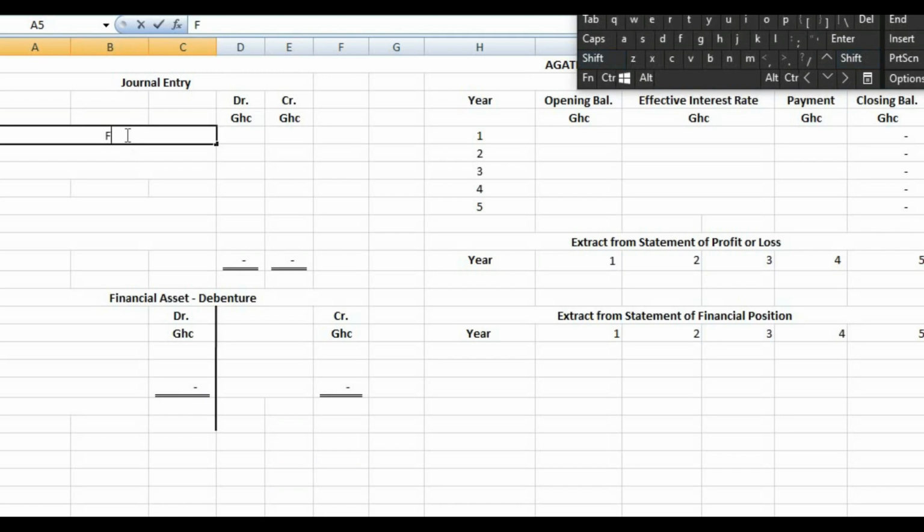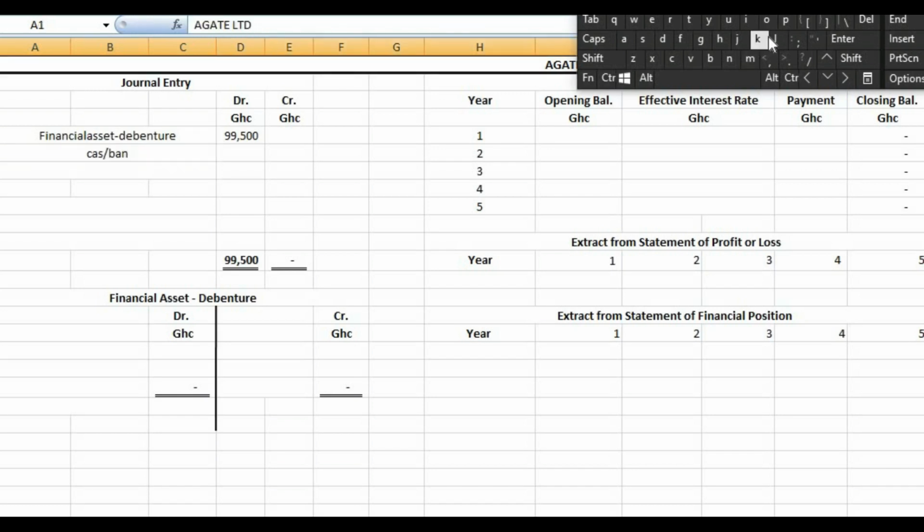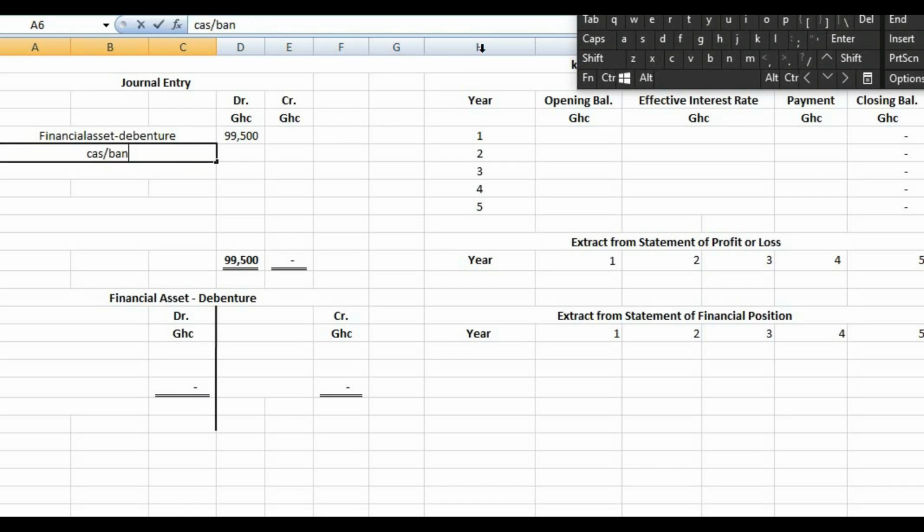So we are going to debit financial assets, and credit cash or bank, the same value at 99,500.